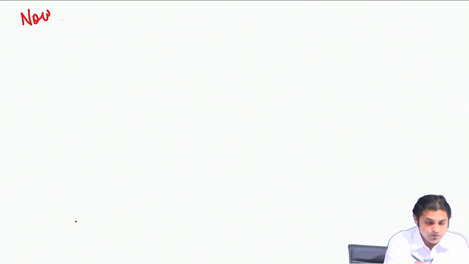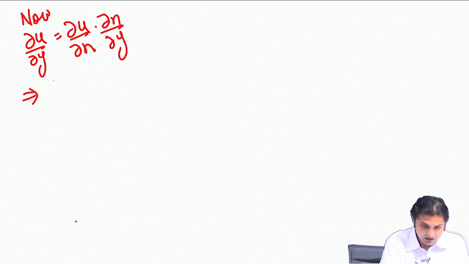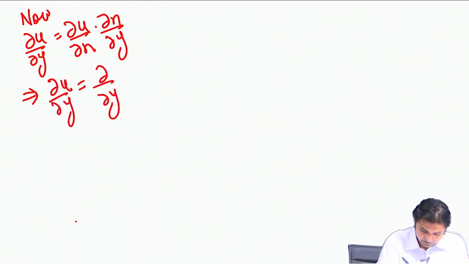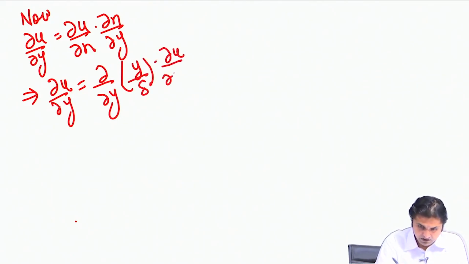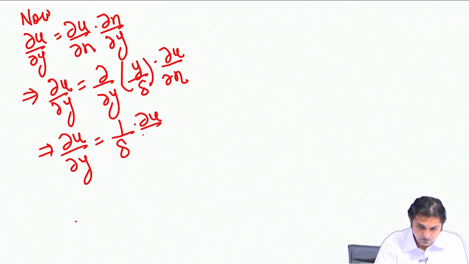Now, del u by del y is equal to del u by del eta into del eta by del y, which implies del u by del y is equal to del by del y of y by delta into del u by del eta, so it is equal to 1 by delta into del u by del eta.